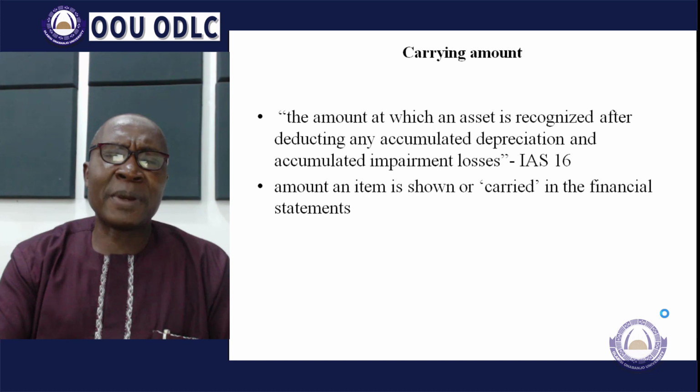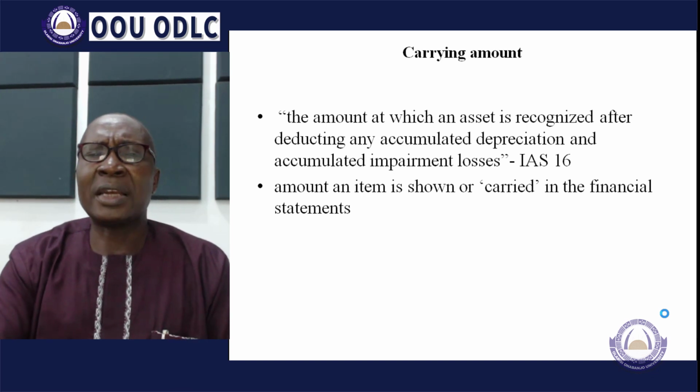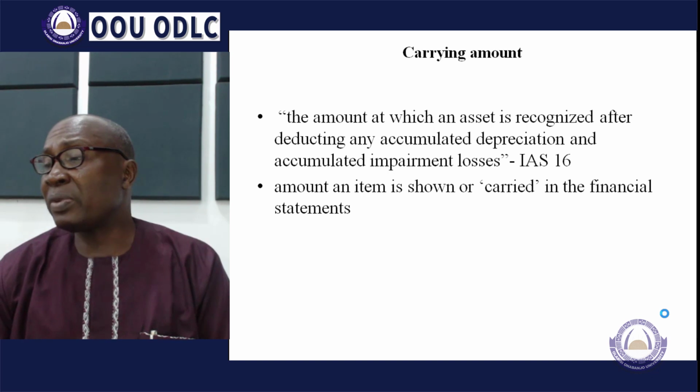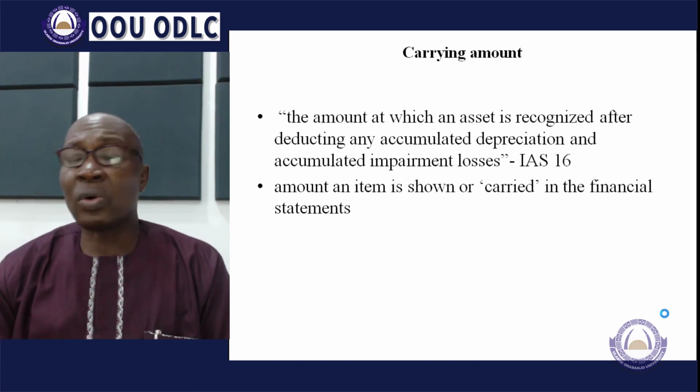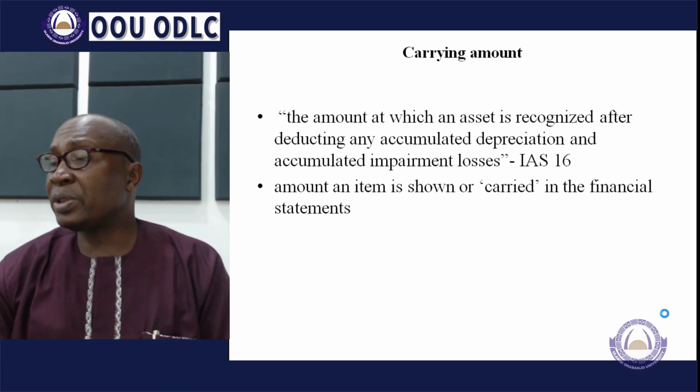The depreciation expense that is written to the income statement will be debited, and then the accumulated depreciation that will be written to the statement of financial position will be credited. And that is basically how we account for the depreciation.